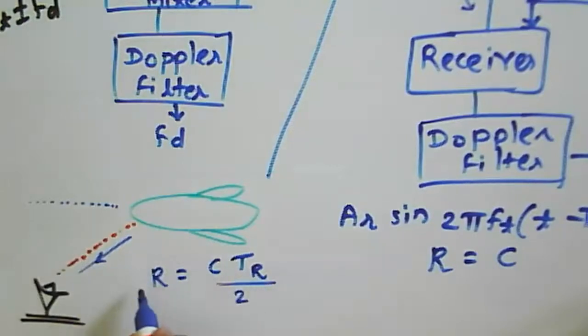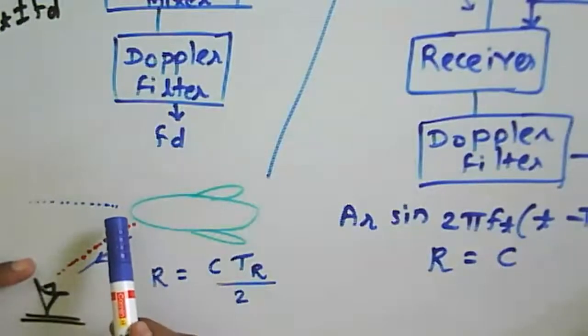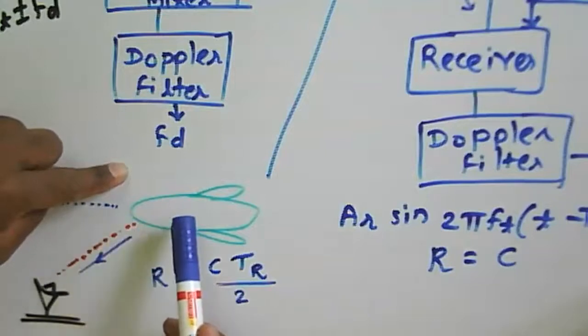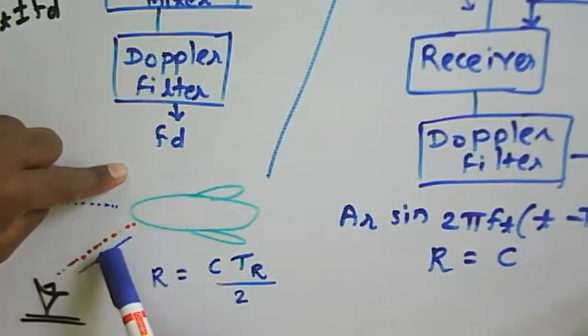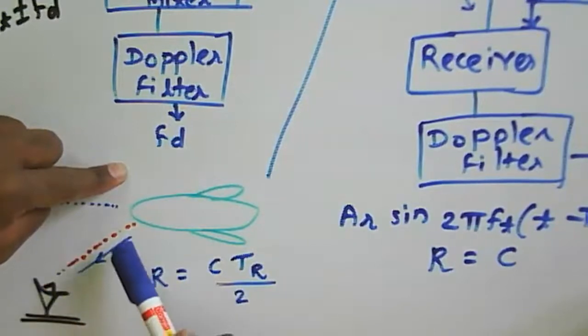Now with this we can find out what will be the Doppler shift. Because we send a signal and the target is moving, there is a small shift in frequency at the receiver. That is called the Doppler shift.